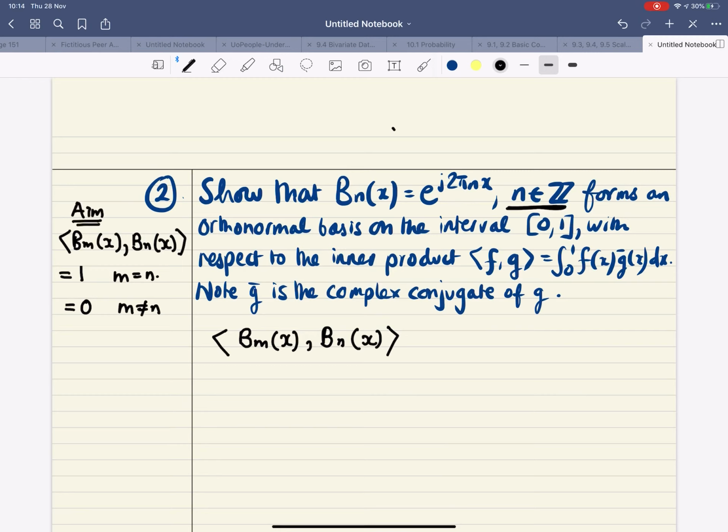Okay, so the way that the solution works for this one is we integrate and we put the b_m there, the b_n there, and then we look at what happens in these two different cases. So it's the integral from 0 to 1 of e to the j 2 pi m x.